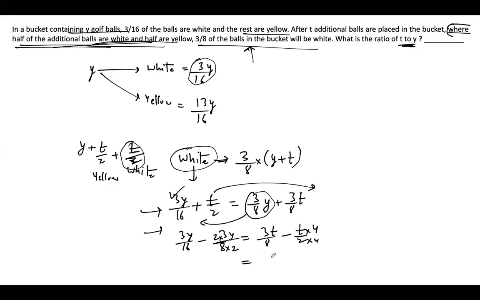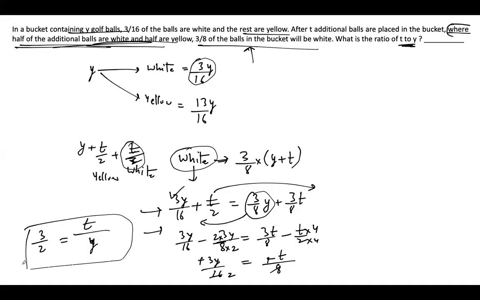So 3T minus 4T over 8, and here minus 3Y/16, the minus and minus cancel. 8 twos are 16. So you need T upon Y, taking Y to the denominator, is equal to 3/2.